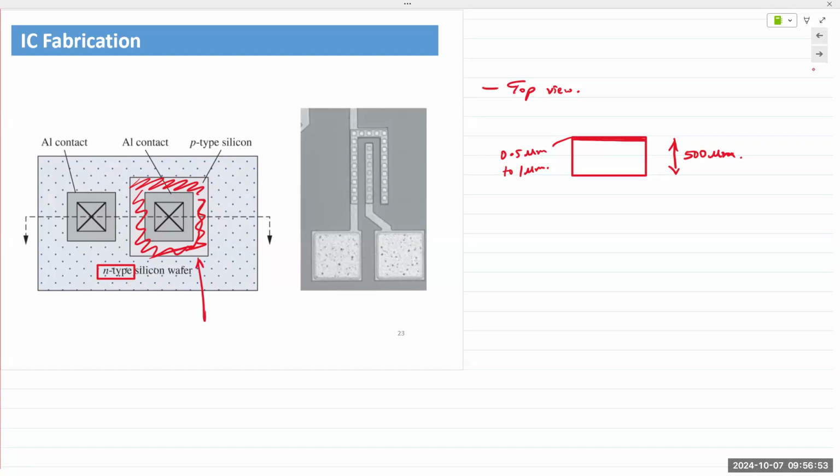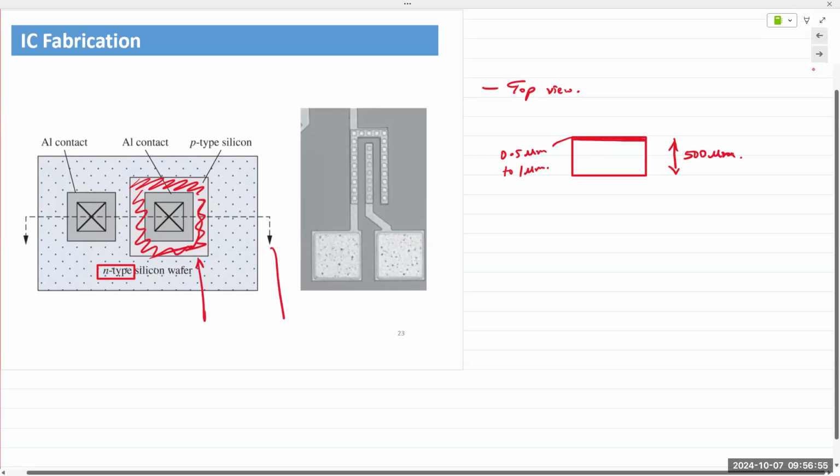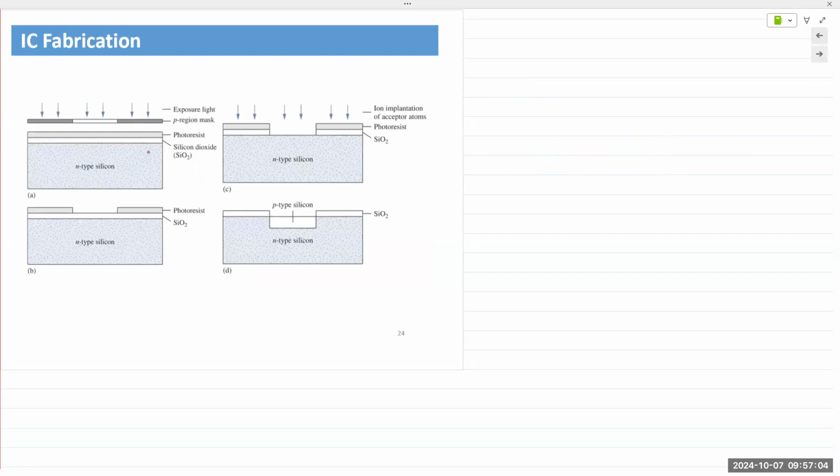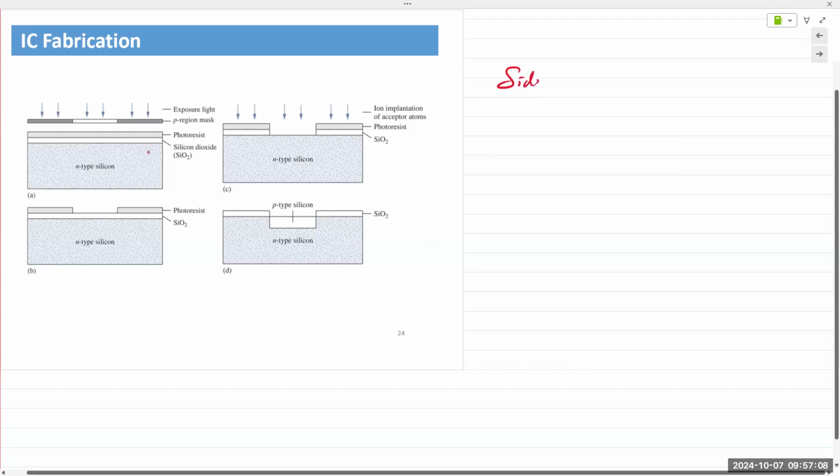Okay, so let's begin. This is where we take the cross section of the device. This is a side view. Now, if this is a side view of one point of the wafer, I want to implant P-type into my wafer, right?